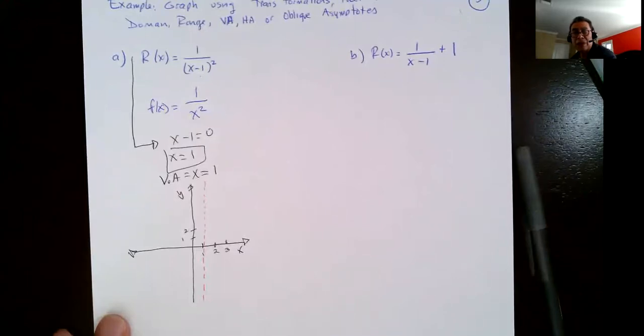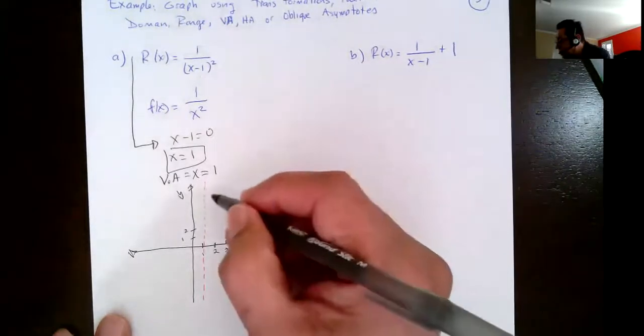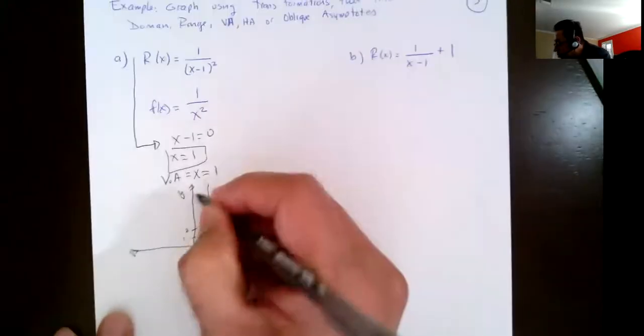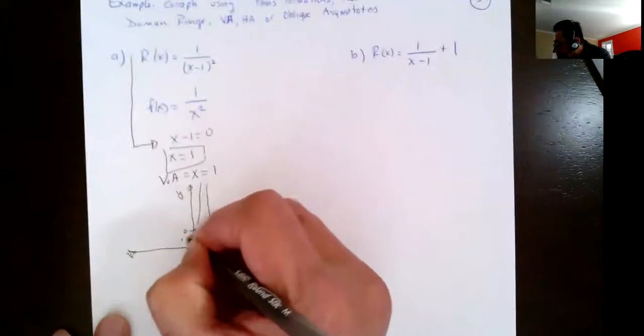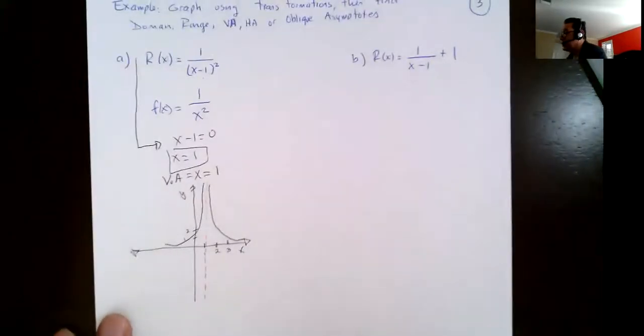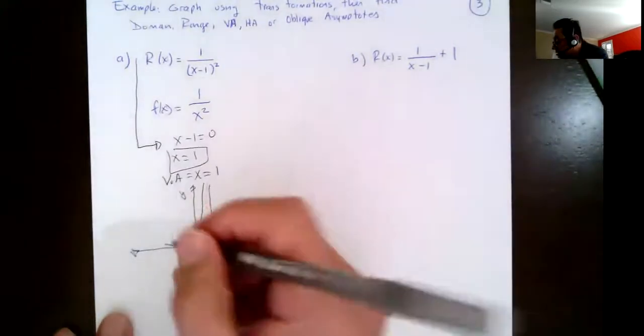And all we got to do, go back and refer to the reciprocal squared function that you guys have, and let's just follow the same shape. And notice it's going to go this way. So here we are using transformation. Remember, transformation is a very easy way to graph.